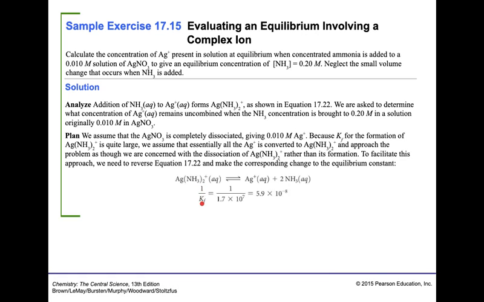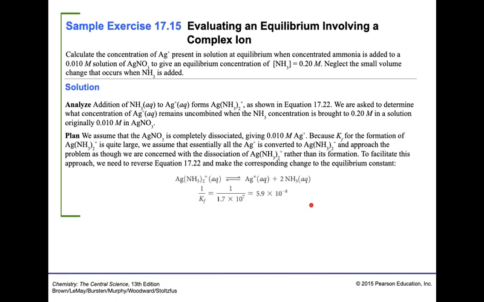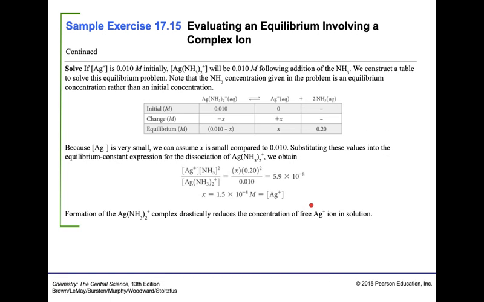So we're going to say 1 over Kf equals 1 over, this is the Kf value from the table. And so when you solve that, you get 5.9 times 10 to the negative 8th, okay? So again, like I alluded to, they give you this equilibrium concentration of ammonia.